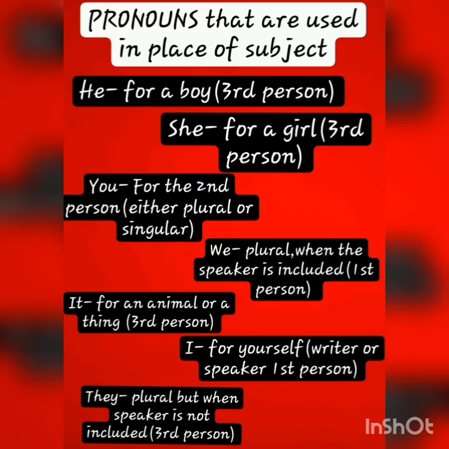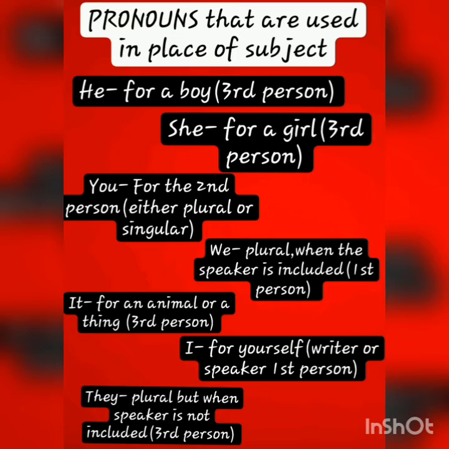Now let's move to the pronouns that are used in place of object. In place of subject, you must have seen there are 7 pronouns. Similarly, in place of object there are 7 pronouns. If it is I in the subject, then in object it will become me. If it is you in the subject, similarly it will become you in the object. If it is we, then in object it will become us.